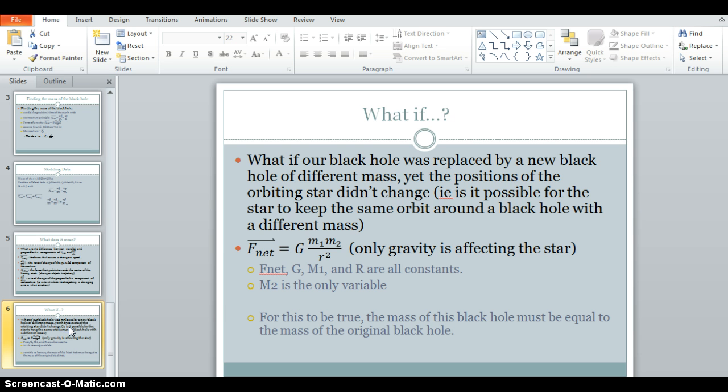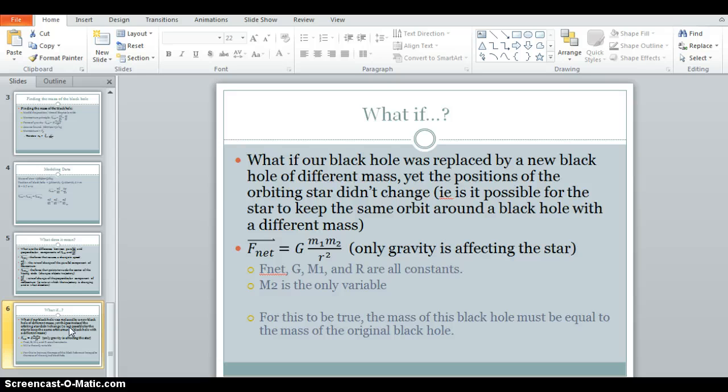What if our black hole was replaced by a new black hole of different mass, yet the positions of the orbiting star didn't change? It's basically asking, is it possible for the star to keep the same orbit around a black hole with a different mass?